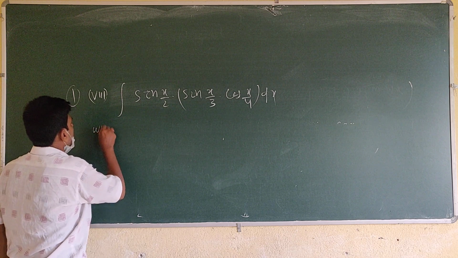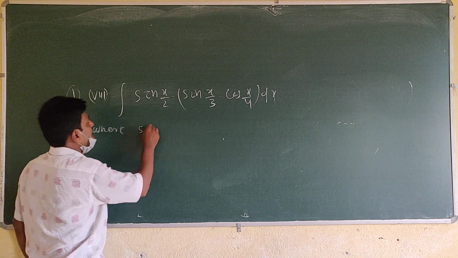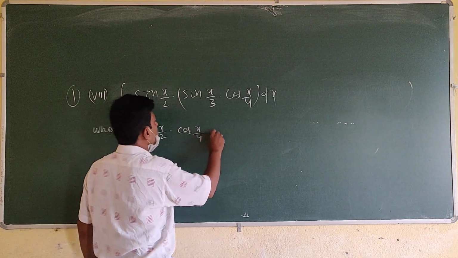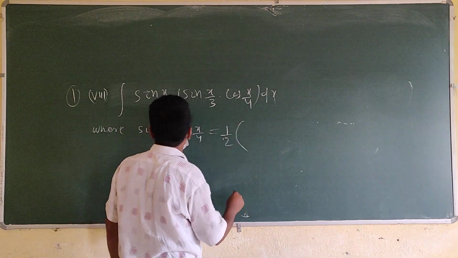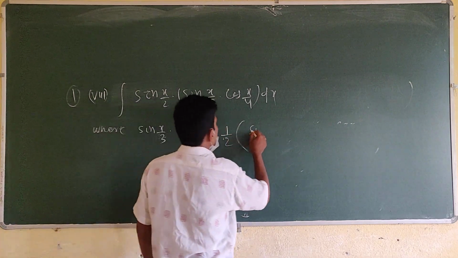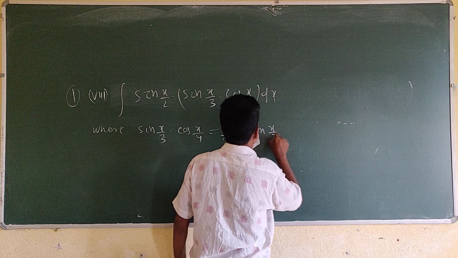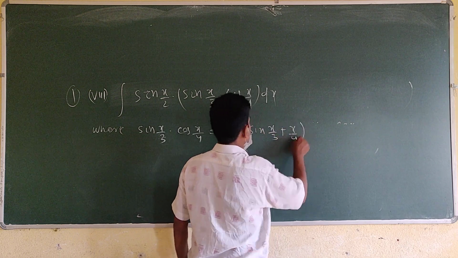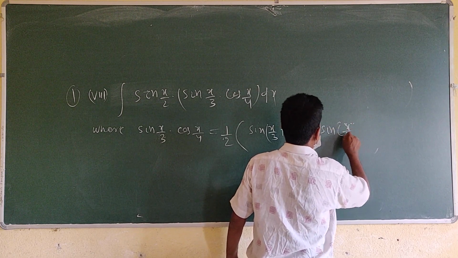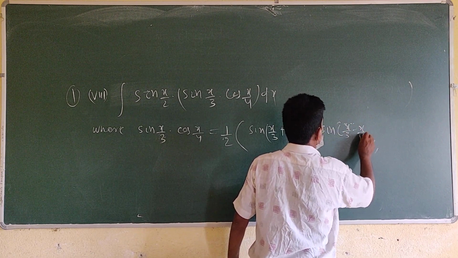I can write sin x by 3 into cos x by 4 is equal to 1 by 2 of sin(x by 3 plus x by 4) plus sin(x by 3 minus x by 4).